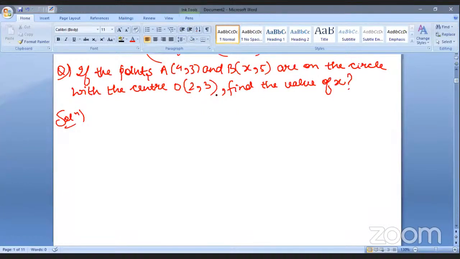Ma'am, here also we can apply the midpoint formula and then we can get x. Okay, try it in whichever way you want.